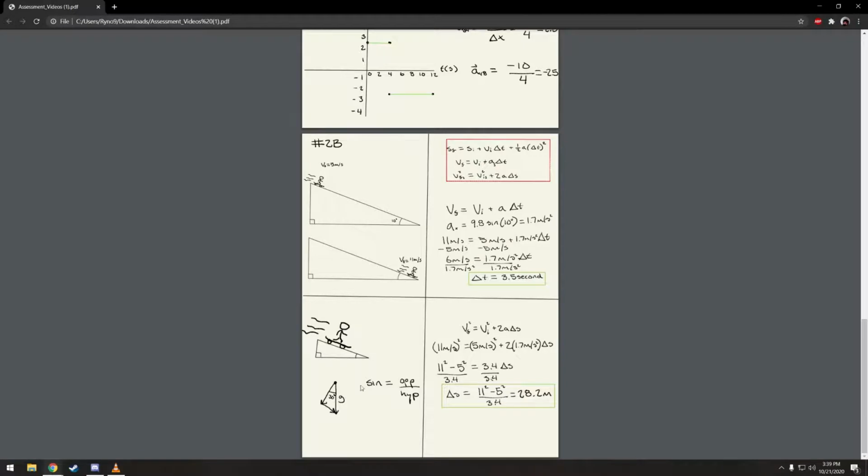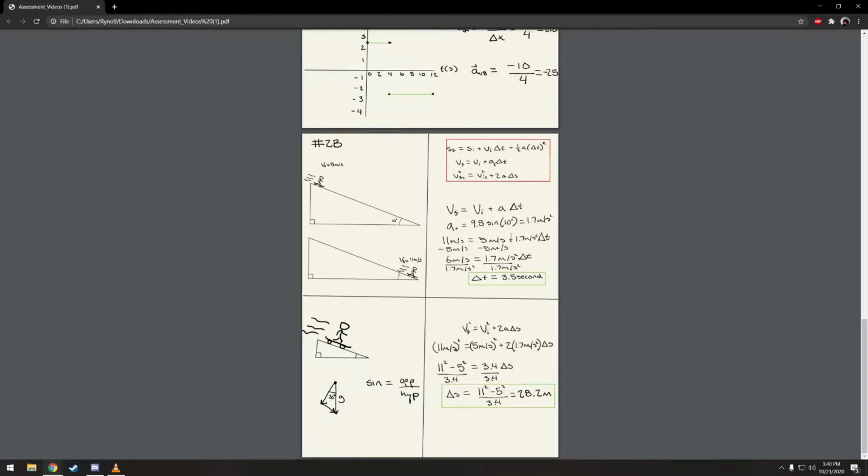You can figure that out with a little bit of trigonometry, noticing that you want to find this vector, which is equal to the hypotenuse, 9.8, times the sine of 10 degrees. When you do that, you get 1.7 meters per second squared. So that's your acceleration.